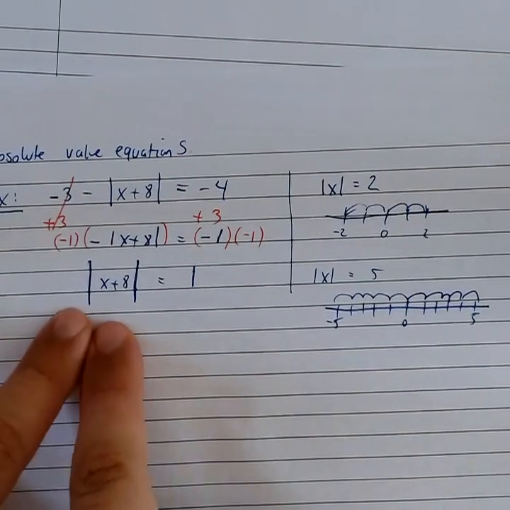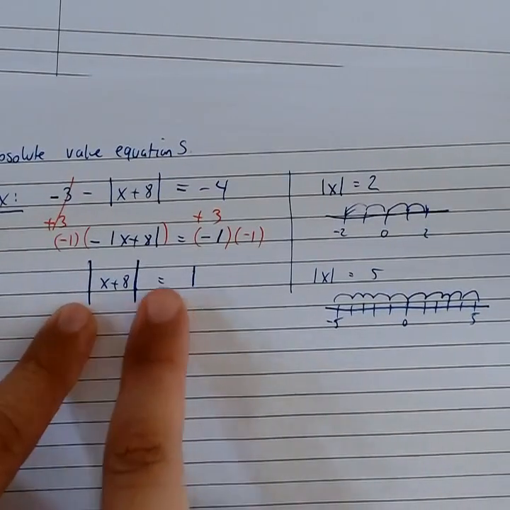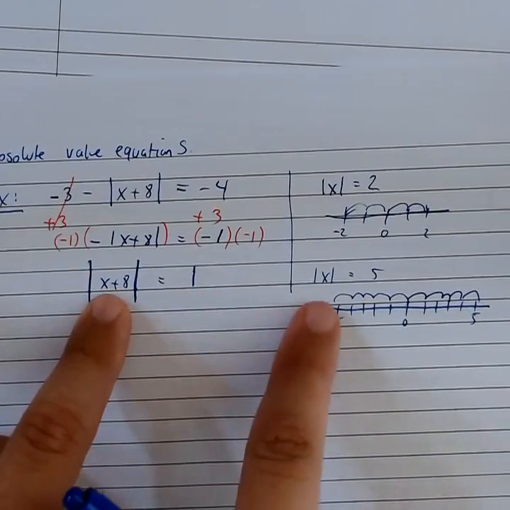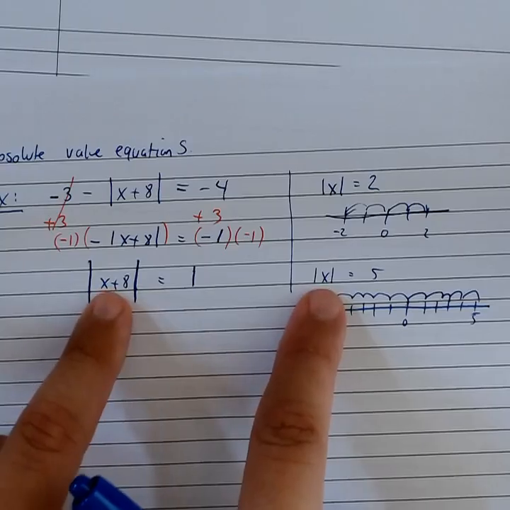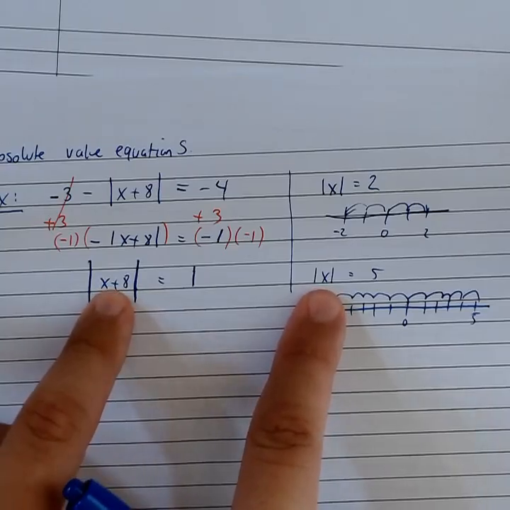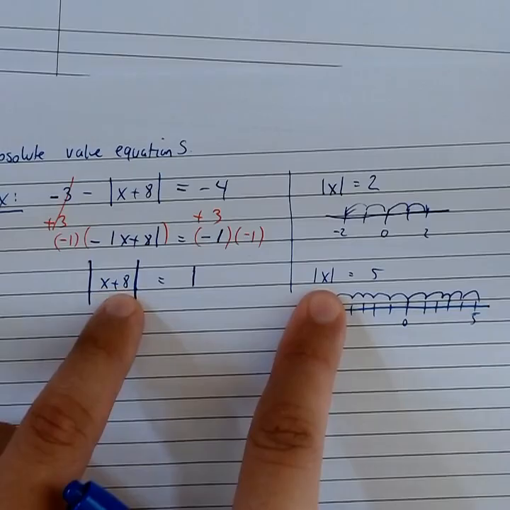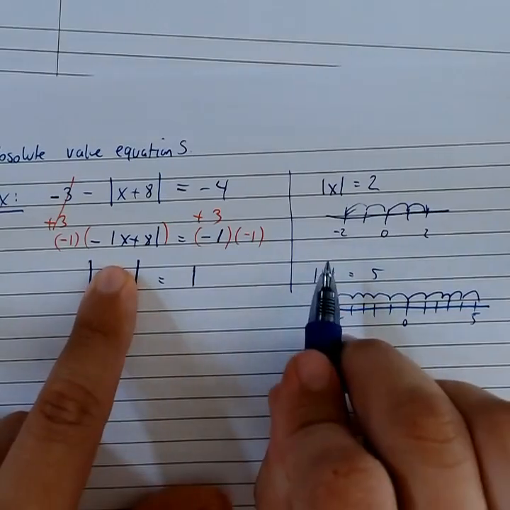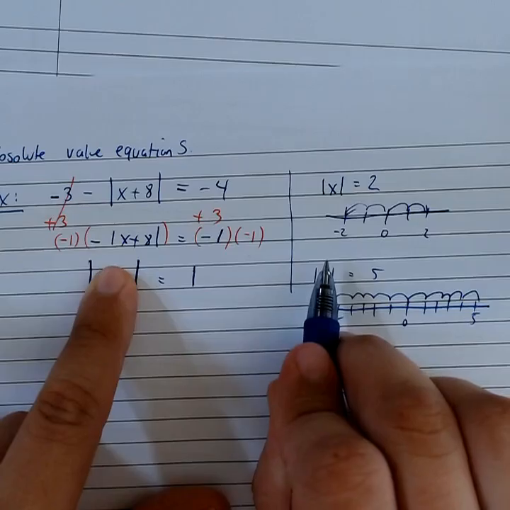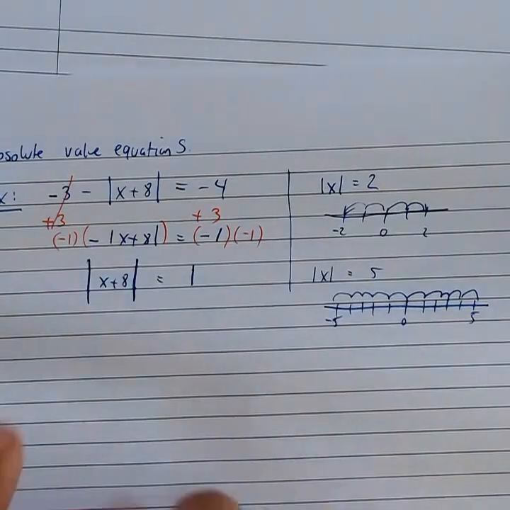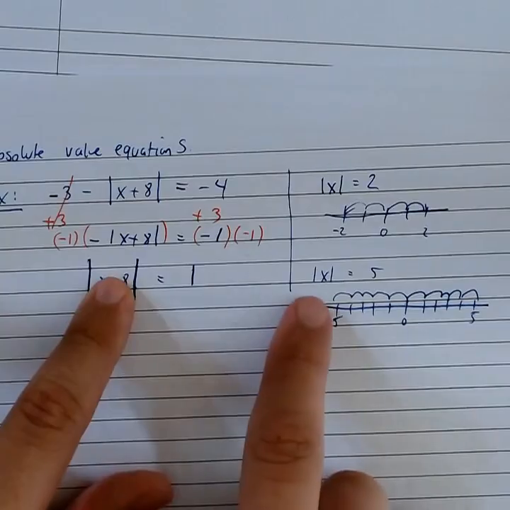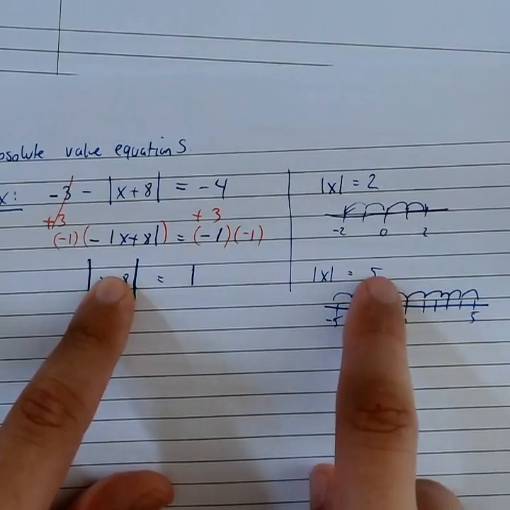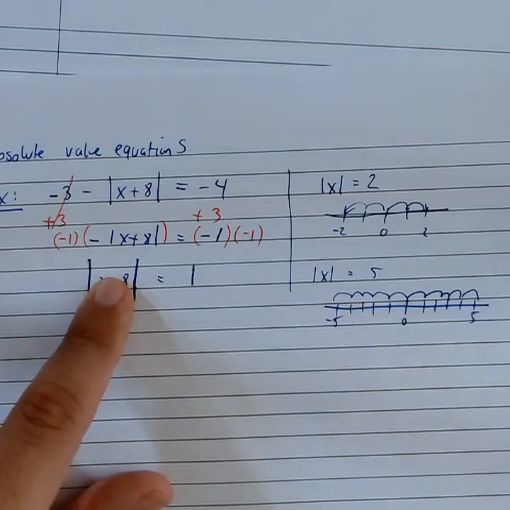Well, that's what I have here. I have the absolute value of something is equal to 1. And you say, well, yeah, but it's not just absolute value of x. It's absolute value of x plus 8. Well, that's true, which means we're going to have to deal with that 8 somehow. But this is still absolute value is equal to a number. And so whenever that happens, I know that the stuff inside the absolute values must either equal the positive version of that number or the negative version of that number.